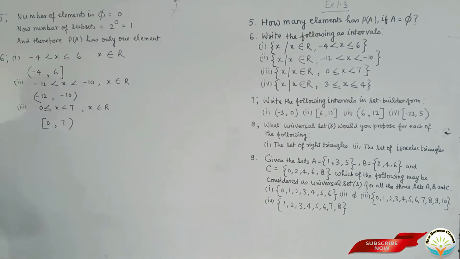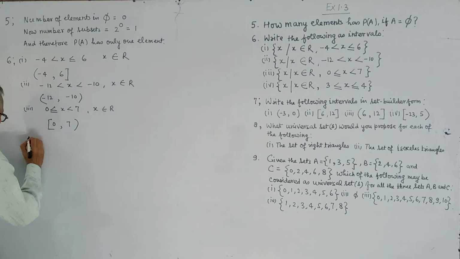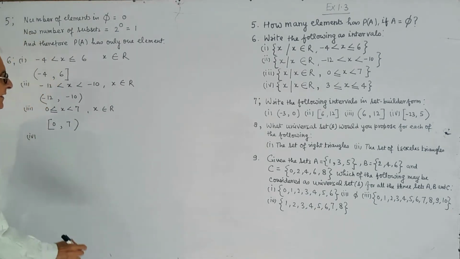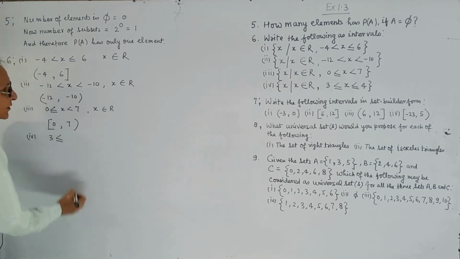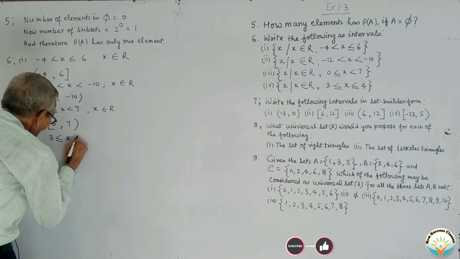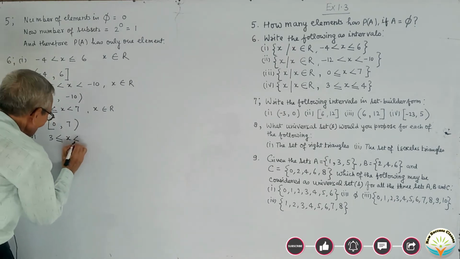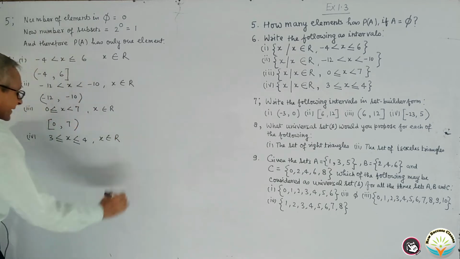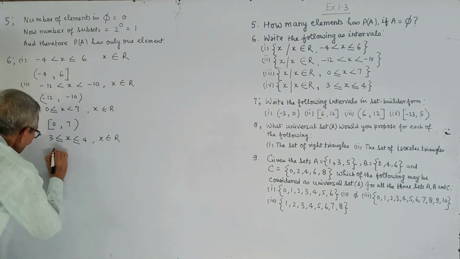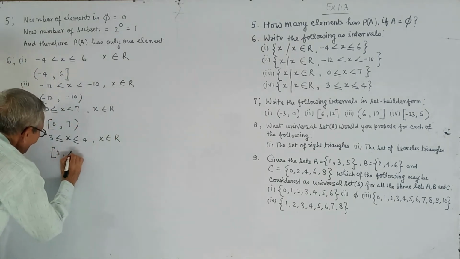Now come to fourth. It is negative 3 is less than or equal to x is less than or equal to 4. X belongs to R. That means negative 3, 4.